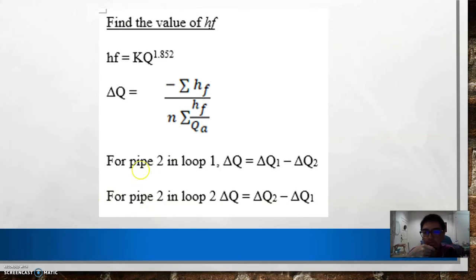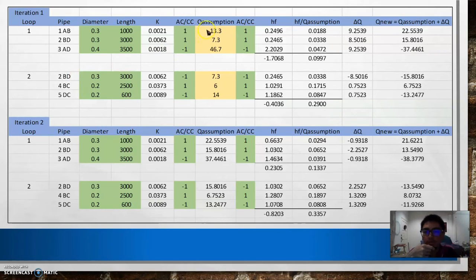Based on the formulas explained by my previous members, we will use the Q assumption of each individual pipe to obtain the head loss. We use a positive or negative value for each loop: anti-clockwise direction for negative, clockwise for positive.